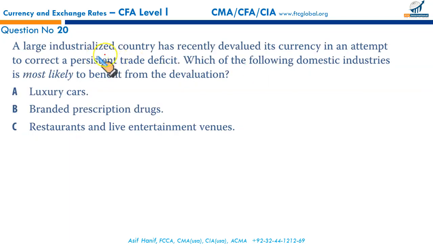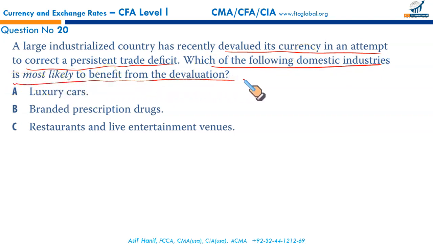A large industrialized country has recently devalued its currency in an attempt to correct a persistent trade deficit. Which of the following domestic industries is most likely to benefit from the devaluation? That industry will benefit that has price elasticity of demand greater than 1. So luxury cars are expected to have PED greater than 1.